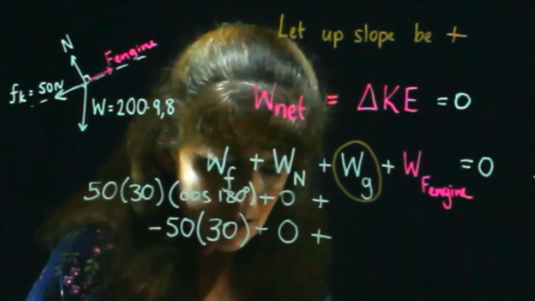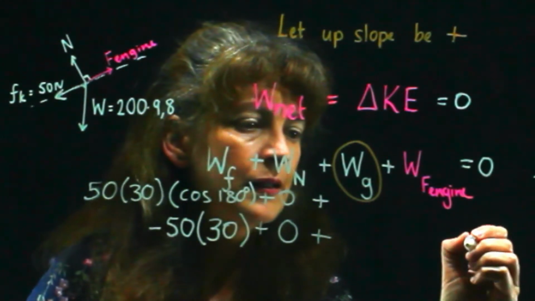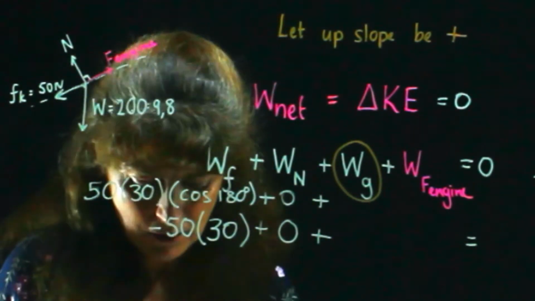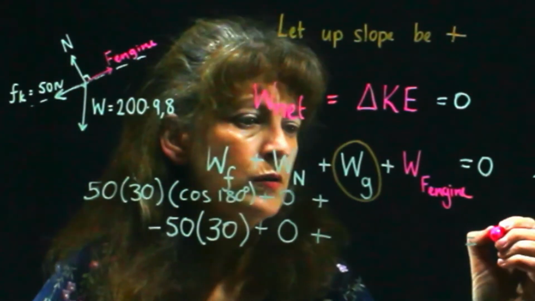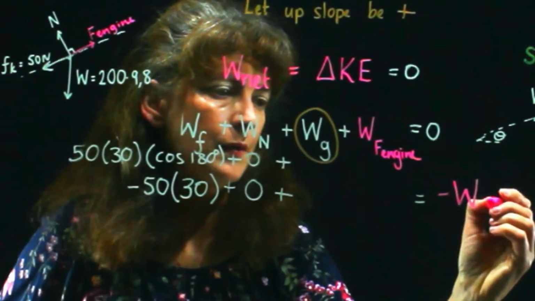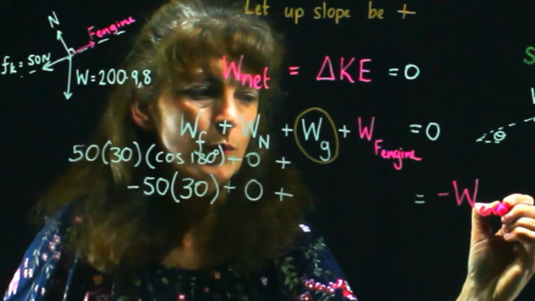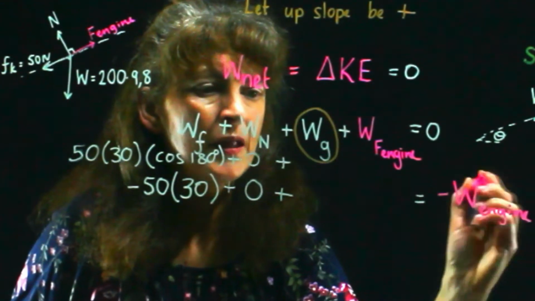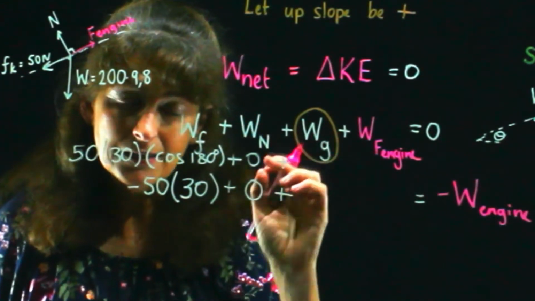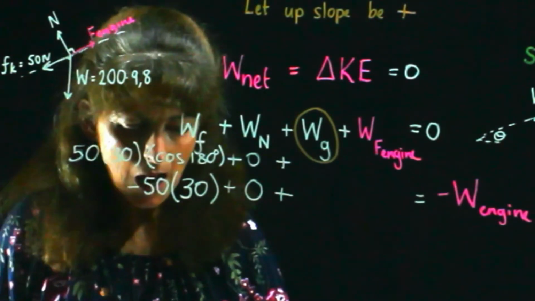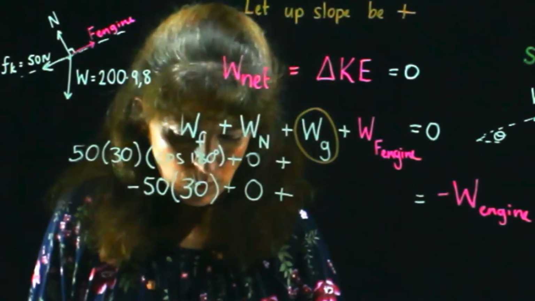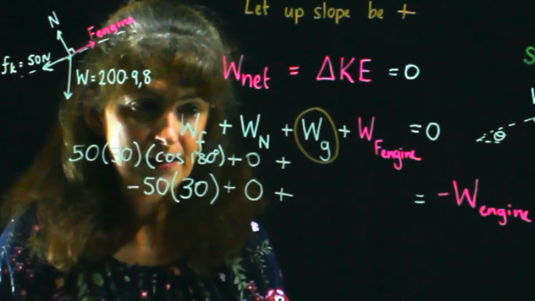So let's get it on its own side to make it the subject of the formula. So that equals minus work done by the engine, or by the force of the engine, doesn't matter. So what we're missing here is the work done by gravity. Now, there are 2 ways that I want to show you that we can work that out.